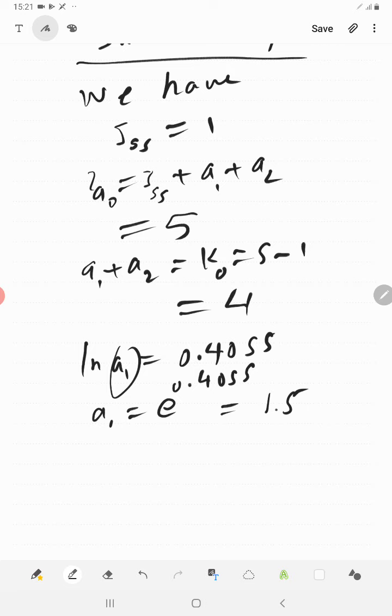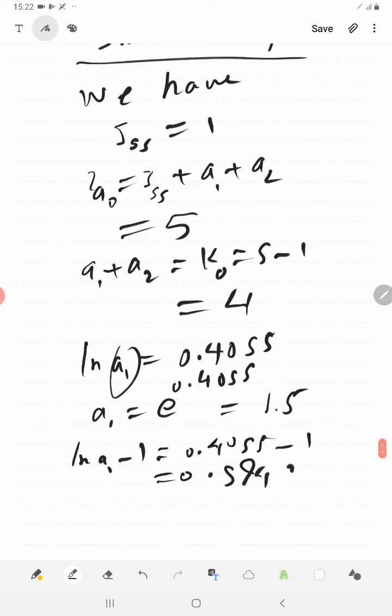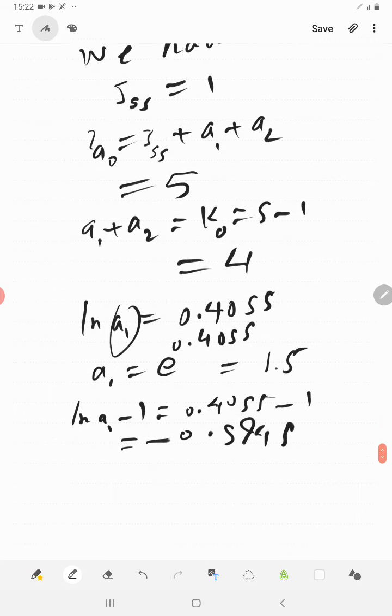Now, if we take the same curve, the value ln A1 minus 1 will be 0.4055 minus 1, which is 0.5945, negative.